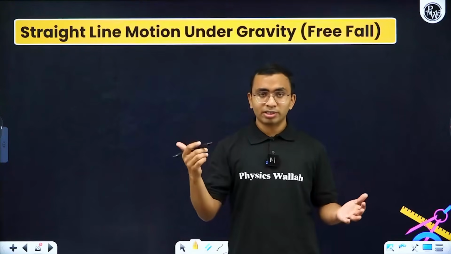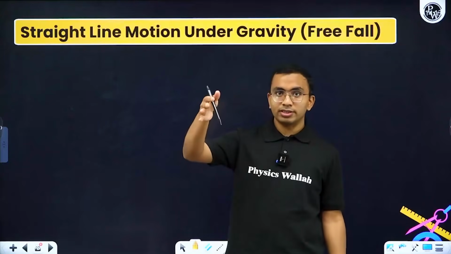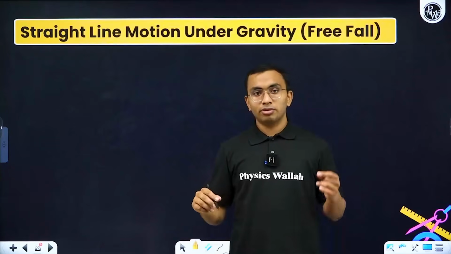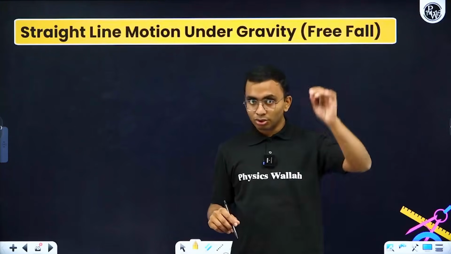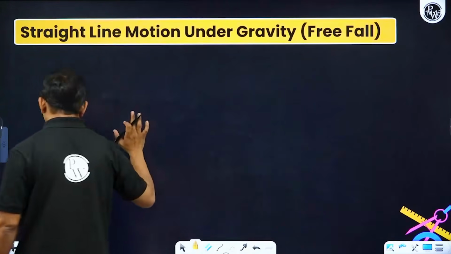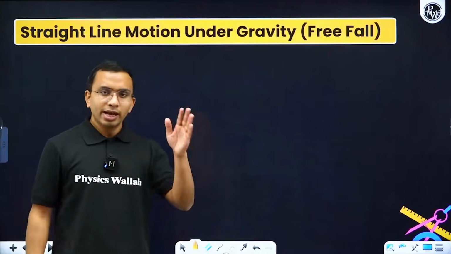You need to find h max, you need to find the time of flight, or you need to find at what time it will reach this height, or like that. And then it may be like some particle is dropped from a certain height or thrown downward or upward from a certain height.